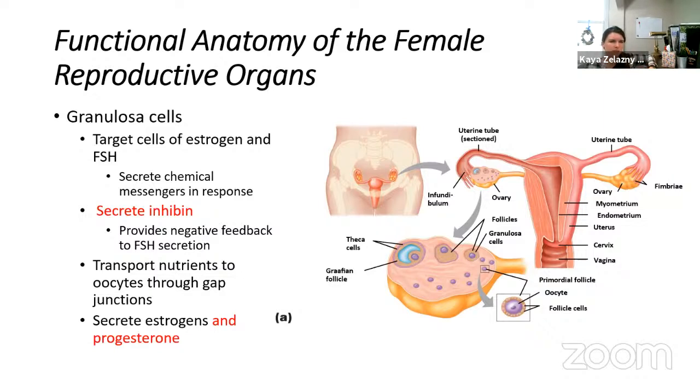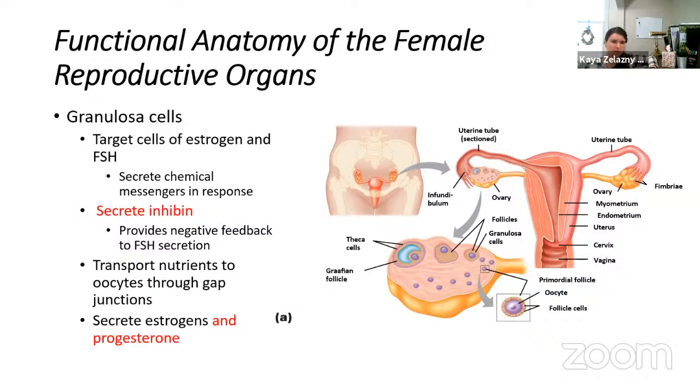In the case of the female reproductive system, that's the job of the granulosa cells. So the granulosa cells are going to have receptors for estrogen and FSH, follicle stimulating hormone, and they're going to secrete other chemical messengers in response to these signals. One of those chemical messengers they're going to secrete is inhibin.